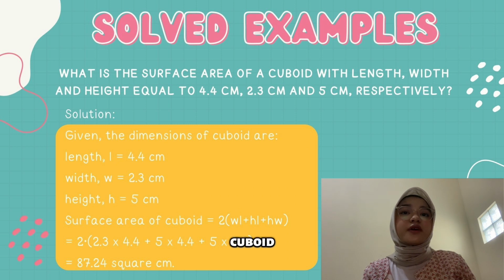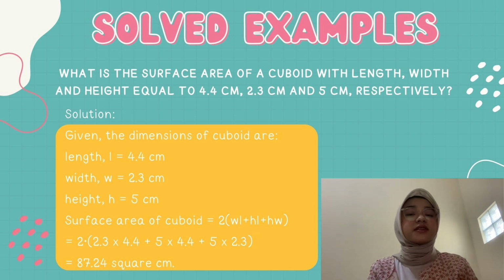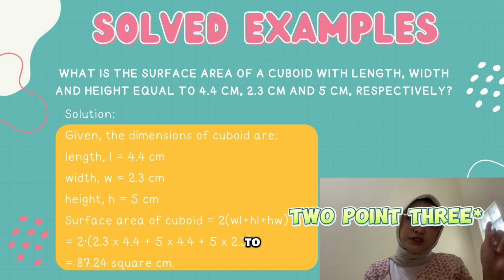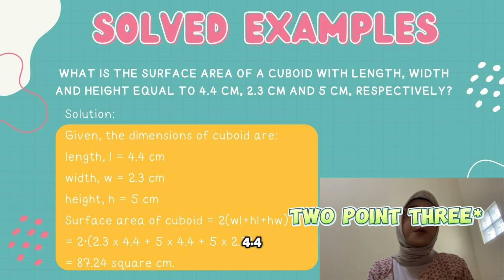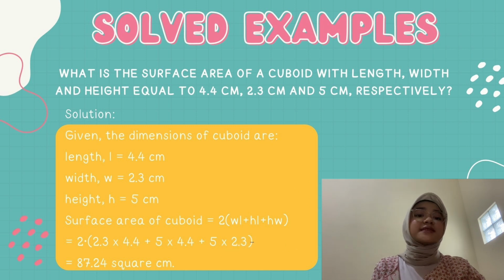Surface area of cuboid is 2 times parenthesis W times L plus H times L plus H times W, equal 2 times parenthesis 2.3 times 4.4 plus 5 times 4.4 plus 5 times 2.3, equal 87.24 square centimeters.